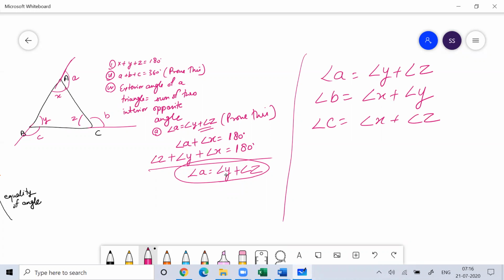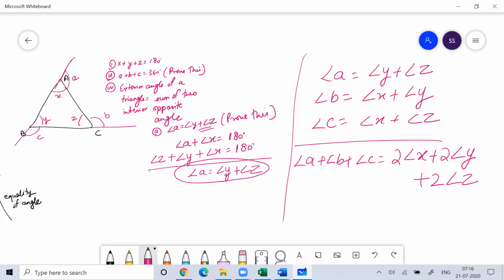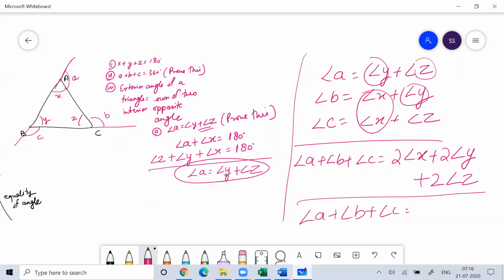So if you add all three, angle A plus angle B plus angle C will give you 2 times the sum of angle X plus 2 times angle Y plus 2 times angle Z. And you already know that angle X plus Y plus Z is 180 degrees.